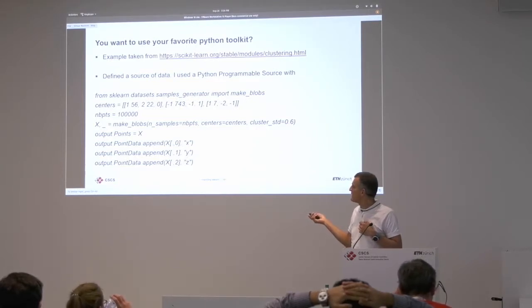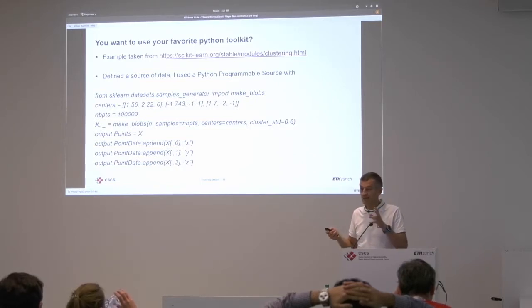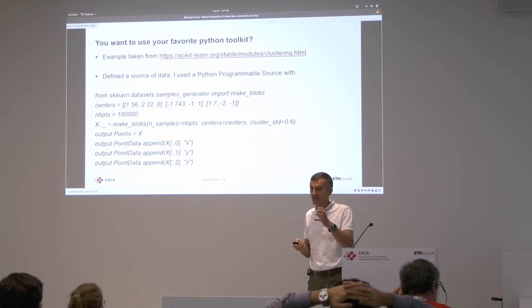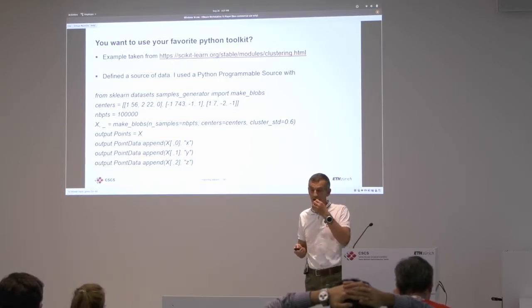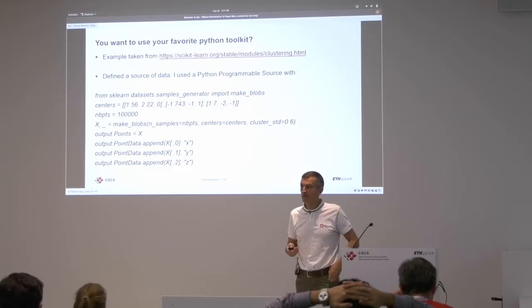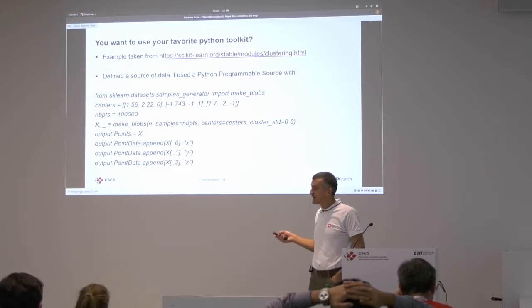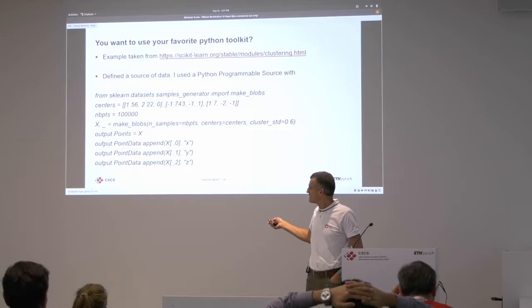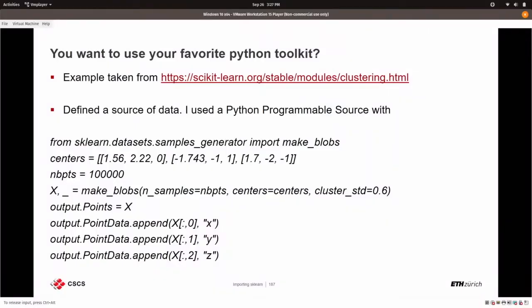This output, I did not define it anywhere else. It is predefined, and it's the name of that VTK grid object, which will be the output of the Python programmable source. Another predefined name is points. Points is exactly what it is, the array of coordinates for the vertices making up that grid.